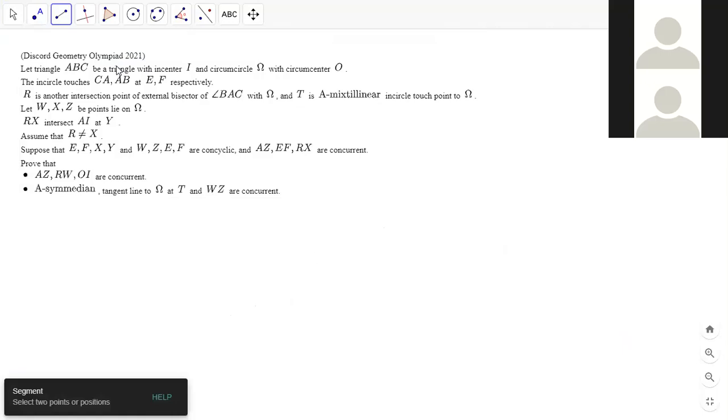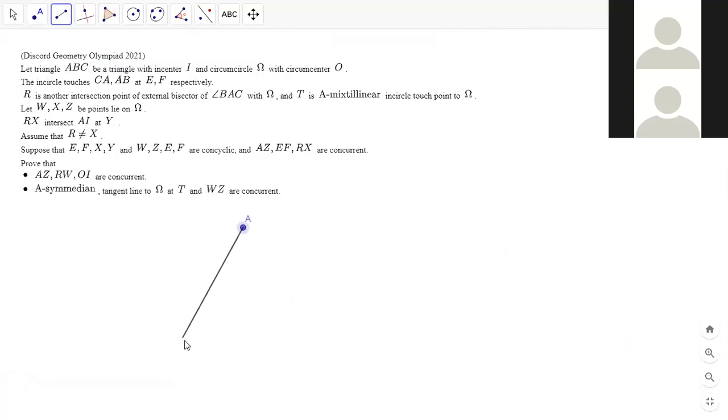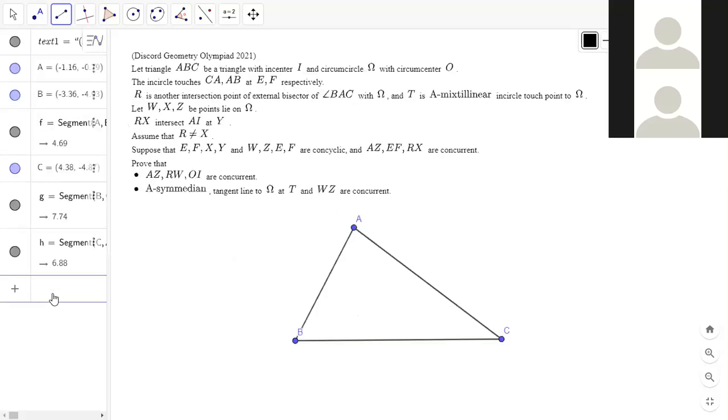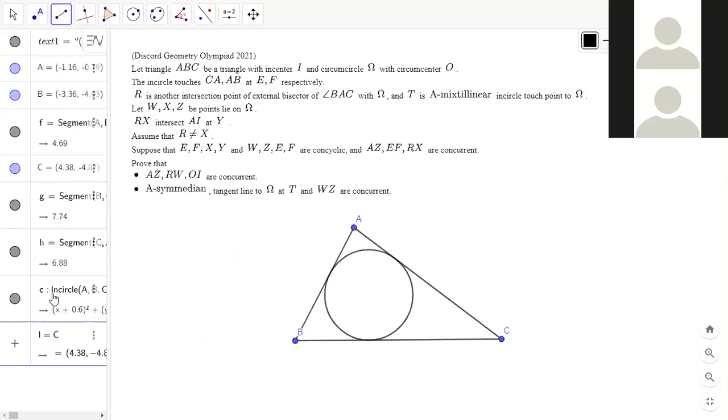So we have a triangle ABC with in-center I and circumcircle omega and circumcenter O. All right. So I'm going to draw the in-circle. And I is the in-center.